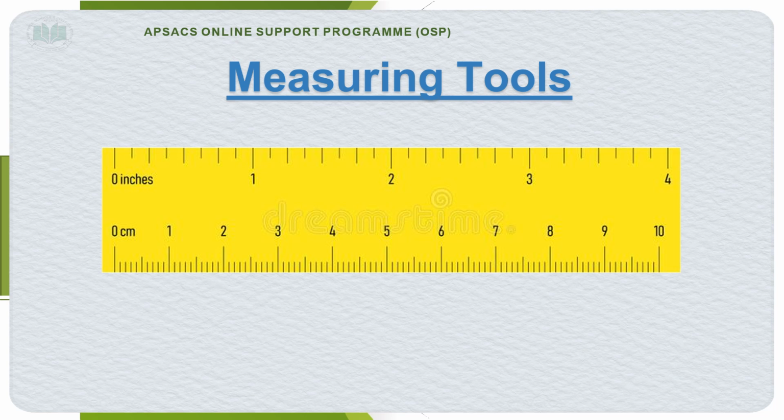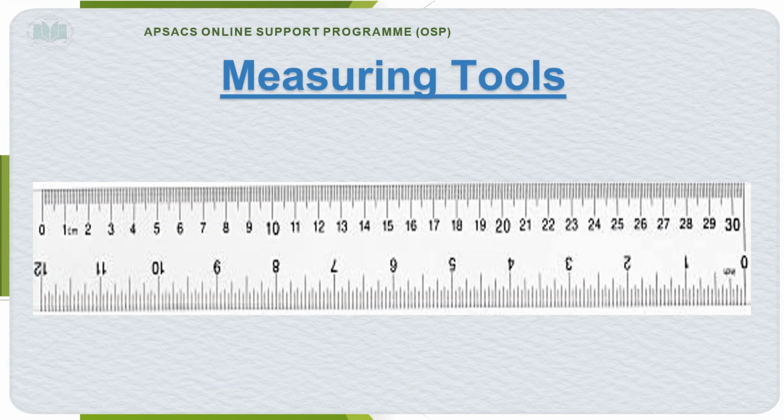So we can measure the smaller objects which are less than 10 centimeters. This ruler is marked up to 30 centimeters. So we can measure the objects which are less than 30 centimeters.